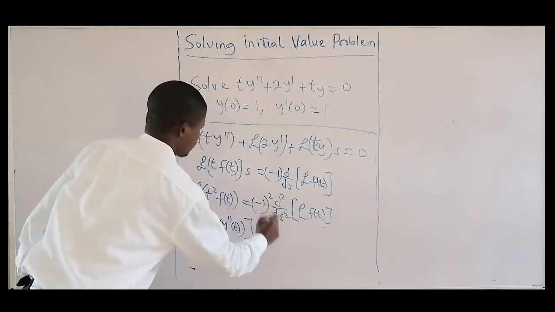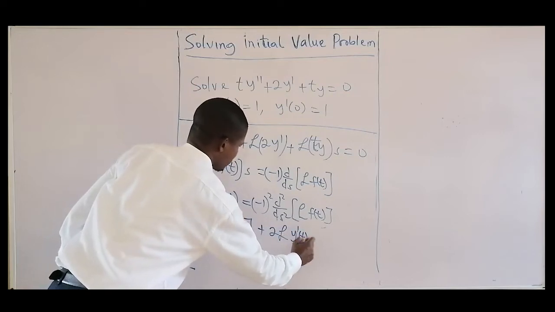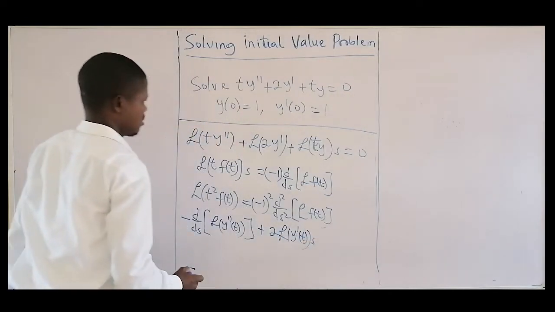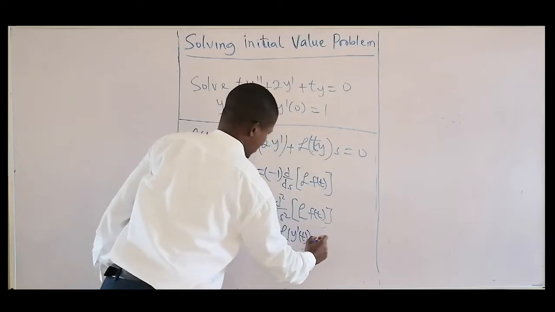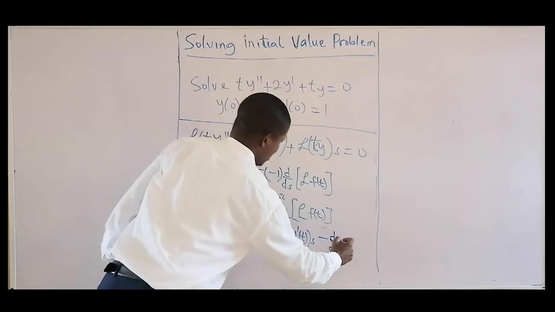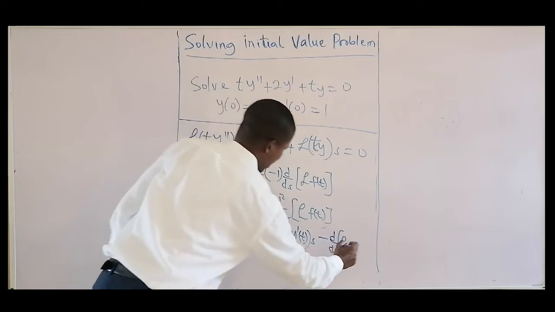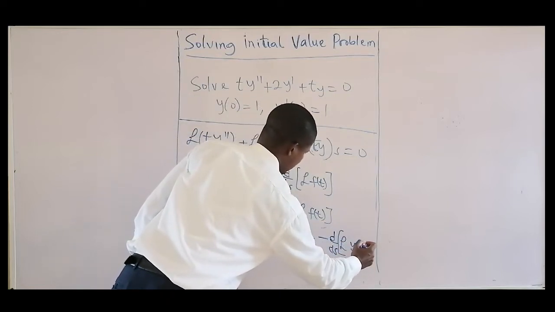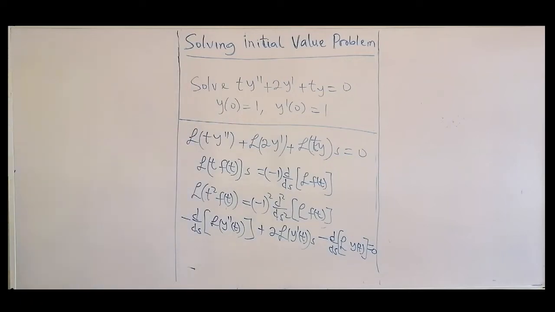Then plus 2 times the Laplace of y prime. Here also there is t, so that will give us minus d/ds of the Laplace of y, equal to 0. So that's what we have now.